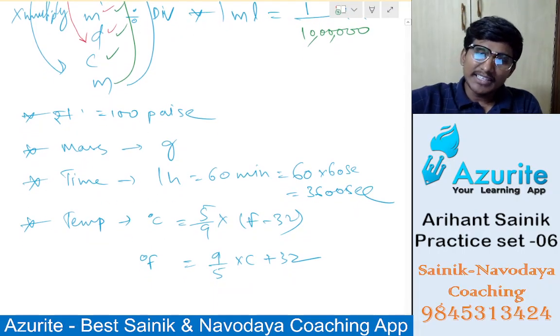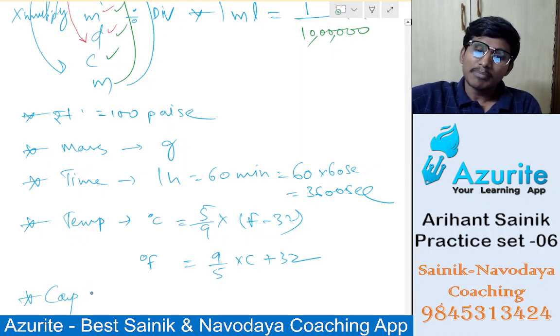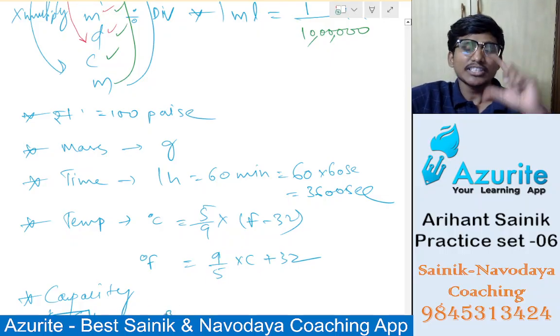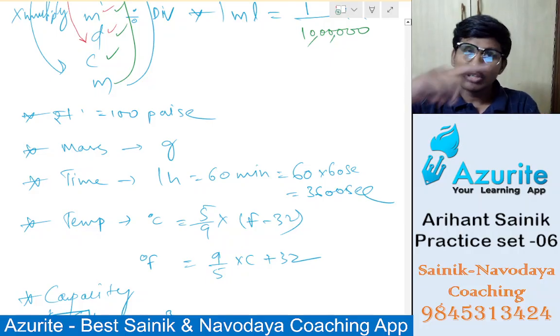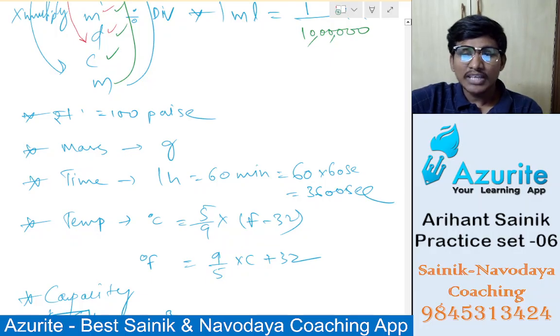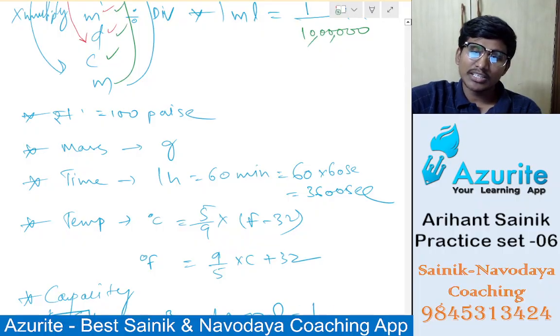Next, after that is capacity or liters. Take a 1 meter cube box, where length, breadth and height are all 1 meter. In this box, how much water will be there? 1 meter cube, because length into breadth into height is the volume. In that box we can fill 1000 liters of water, that is 1 kiloliter.